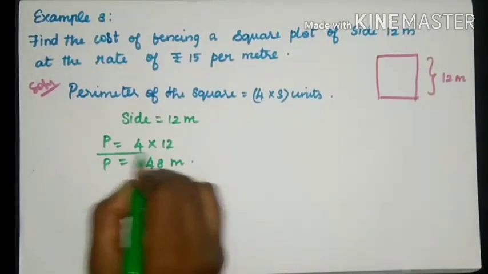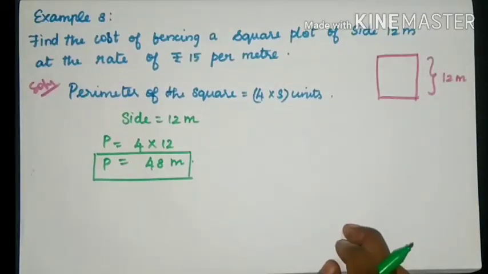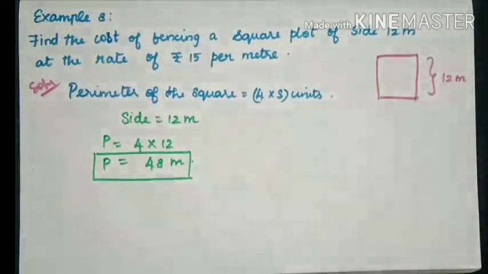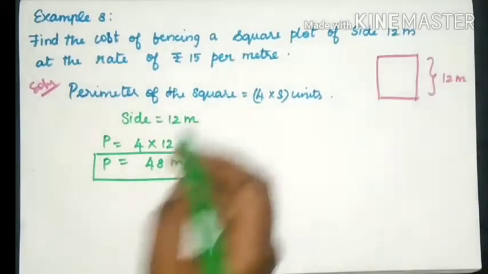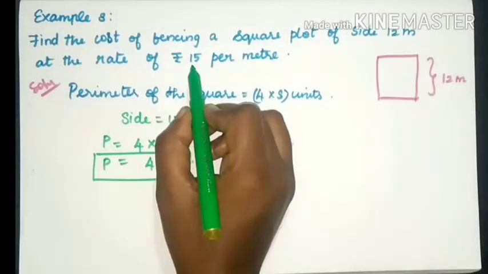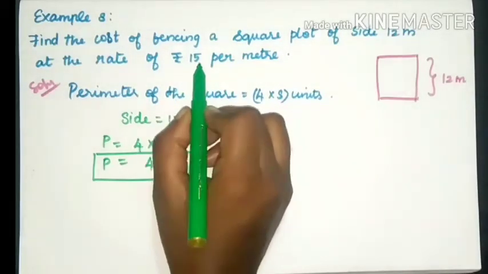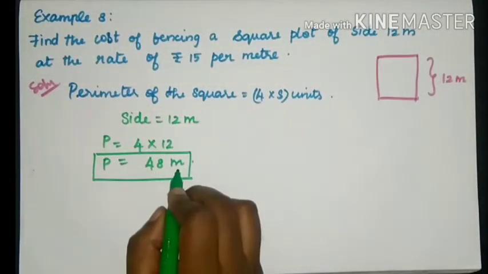Therefore, perimeter is equal to what? 48 meter. To find the cost of fencing the plot at a rate of rupees 15 per meter, we have to multiply it by 48, because in the question it is given that for 1 meter the cost is rupees 15. We have to find it for 48 meter.